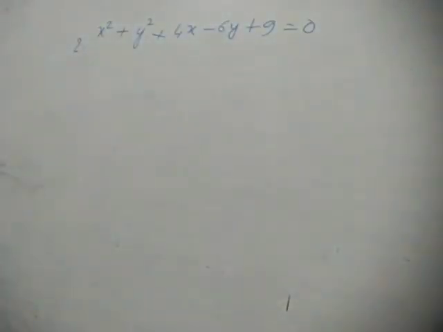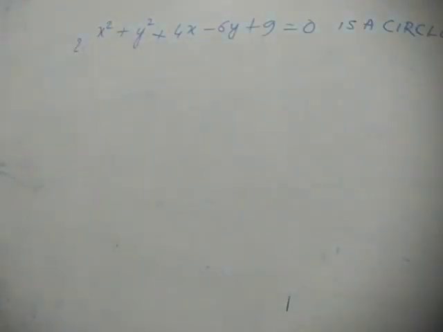So the next question is: x square plus y square plus 4x minus 6y plus 9 equals to 0 is a circle, which of the options given?